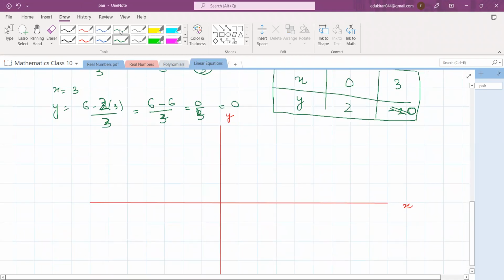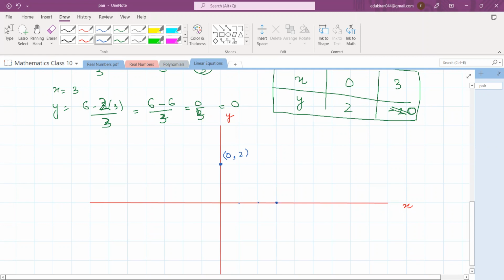All right. So when my x is equal to 0, my y is 2, right? I'm not writing numbers. You can see the grid on my screen. So this point is basically x is 0 and y is 2, right? Now another point, when x is 3, y is 0. So that means you count 1, 2 and 3.